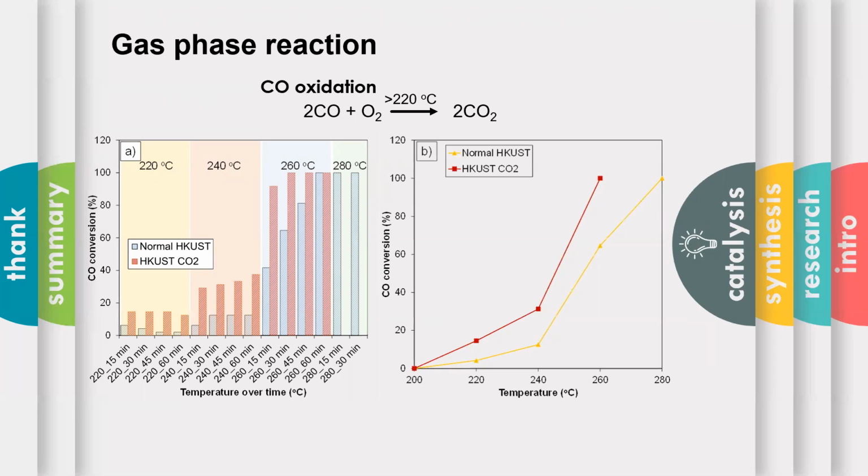We can see that the HKUST-1 CO2 had a higher activity than normal HKUST-1, which demonstrates that the CO molecule could access the copper sites in HKUST-1 CO2 better than in normal HKUST-1. So we can confirm that the existence of macropores indeed helps overcome diffusional limitations and increases the catalytic activity of HKUST-1 CO2 in these reactions.